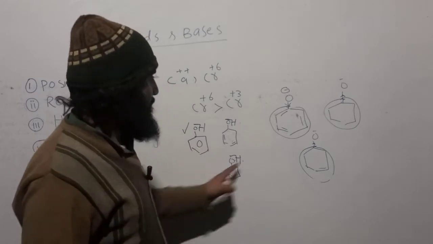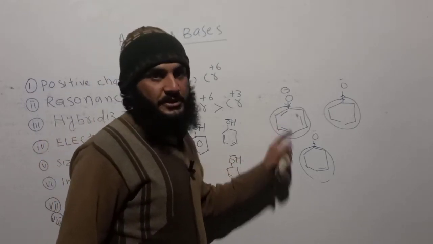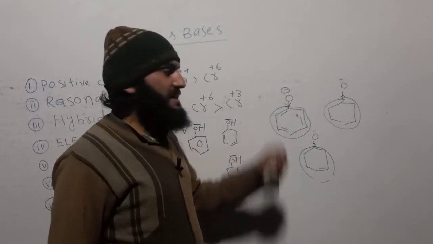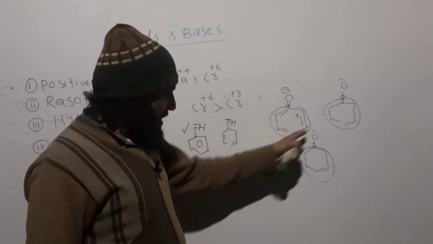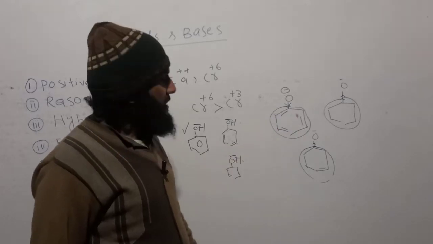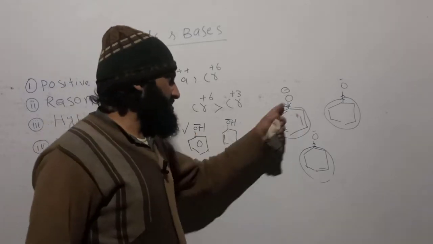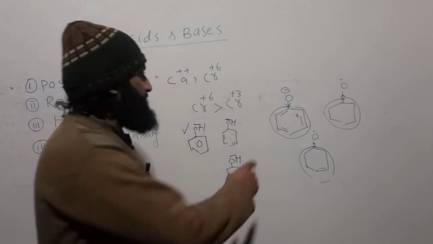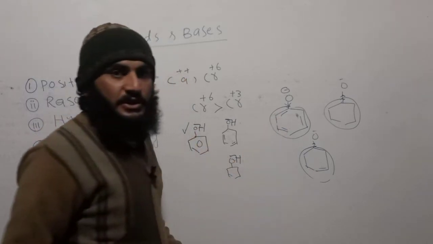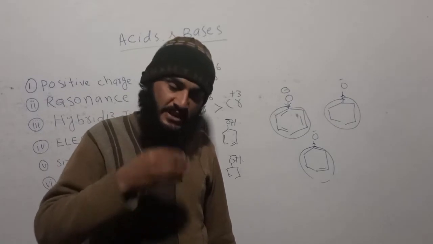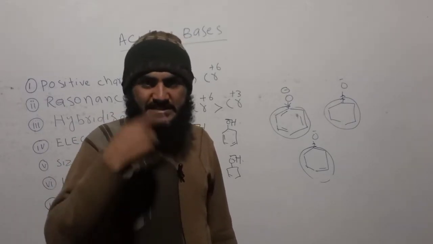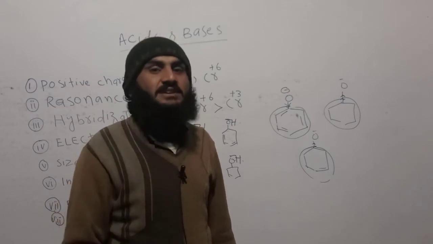This conjugate base has low electron density. The charge is delocalized, so there are more resonance structures. It means this base is most stable. If the conjugate base of an acid is most stable, it means its acid is the strongest.